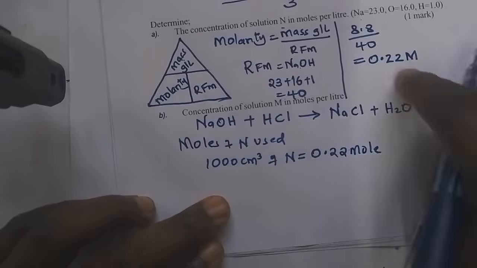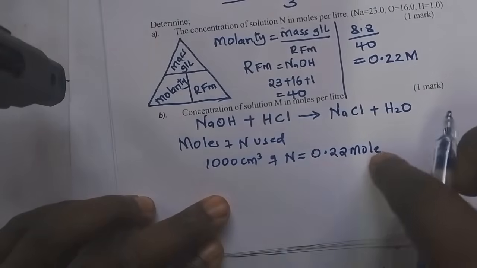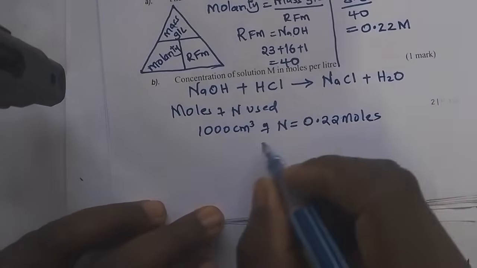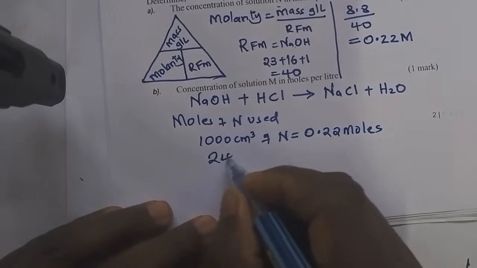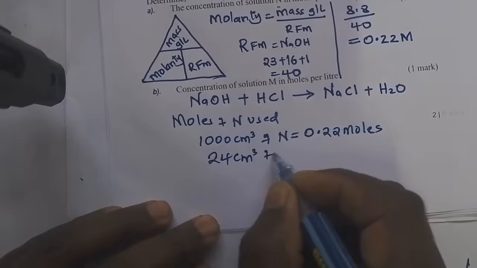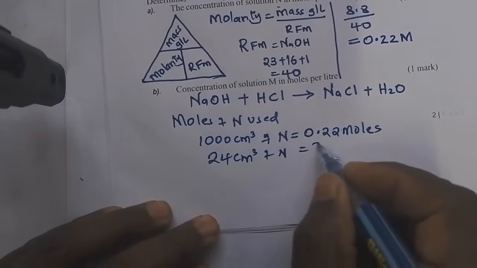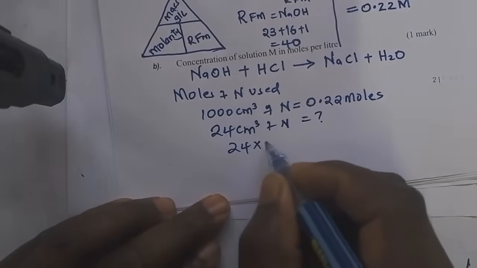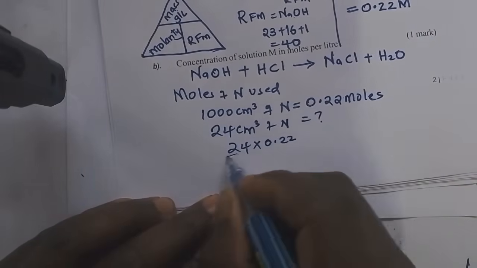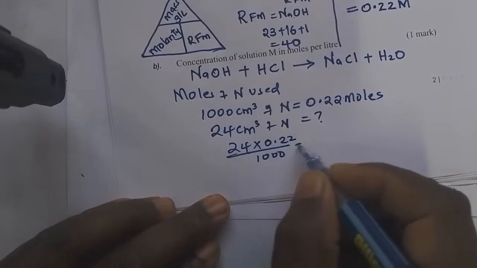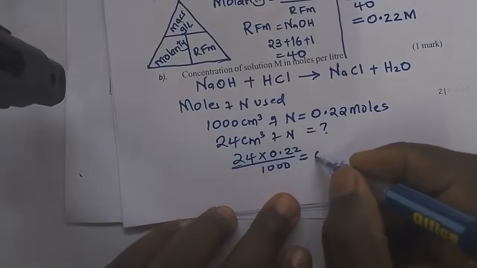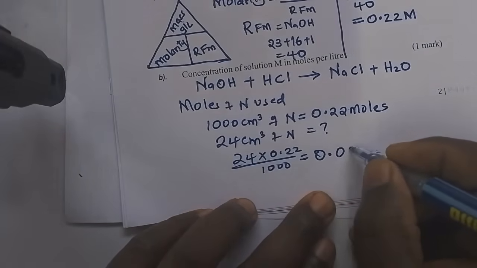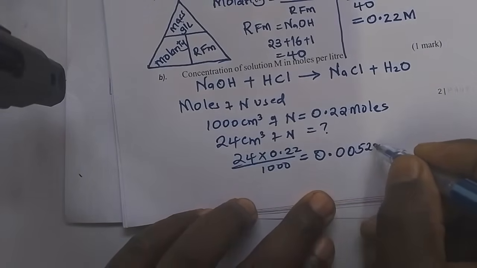Now M, once you write it this way, this one becomes moles and not M. Then now we will find out 24 centimeters cube of solution N will contain how many moles. Therefore, we will say 24 times 0.22 divided by 1,000, and this one will give us 0.00528 moles.